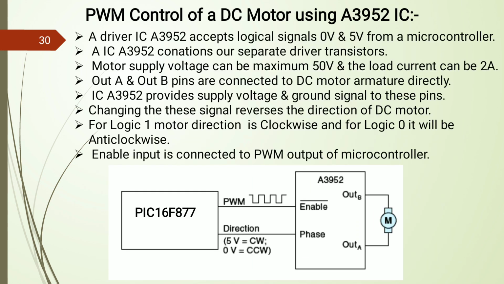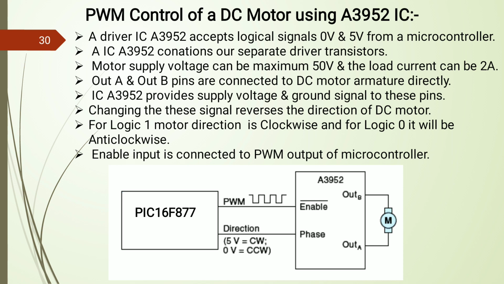After that we see the driver circuit which is used to drive the actual DC motor. These two transistors, the MOSFET and the normal transistor, are combined together in a single IC named A3952, which is capable of driving the motor by simply connecting 4 pins, that is 2 pins at the input side and 2 pins at the output side.